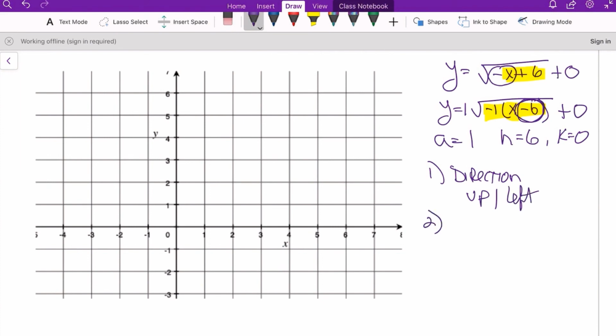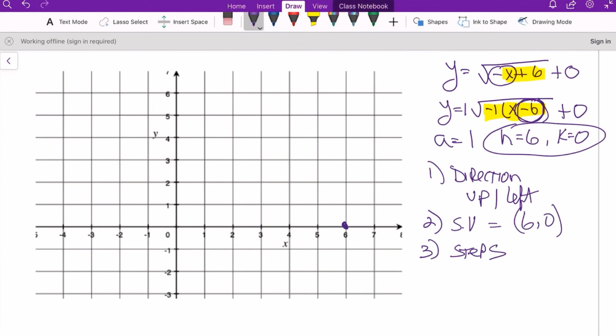The next thing we're going to do is our start value. And we said the start value is going to be my h and my k, so it's going to be 6, 0. I'm going to put that on the graph. But this time I have to remember, I'm not going to walk up to the right. I'm actually going to move this graph to the left. So then we're just going to figure out our steps.